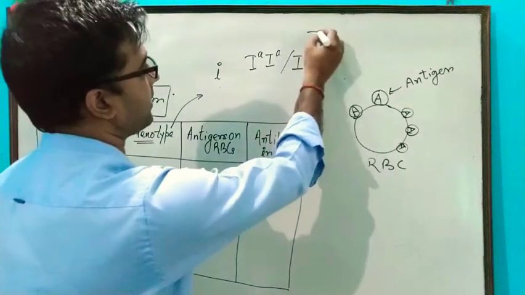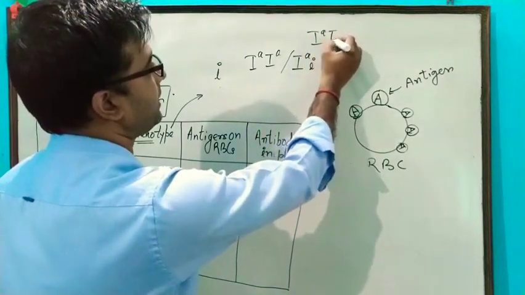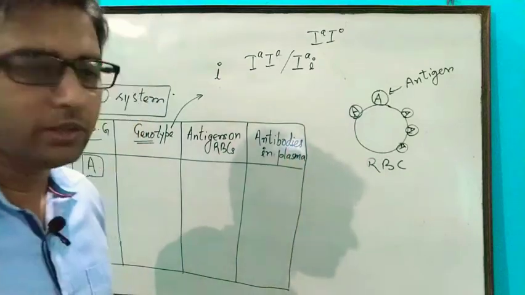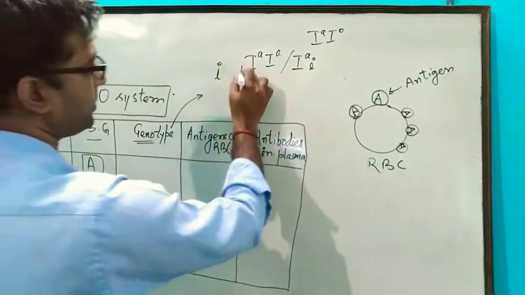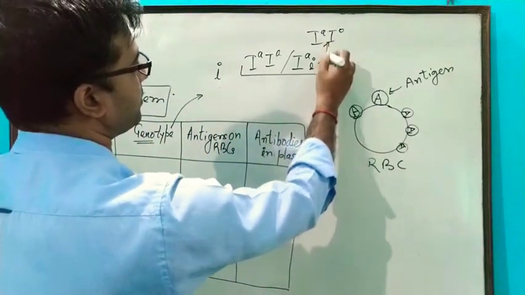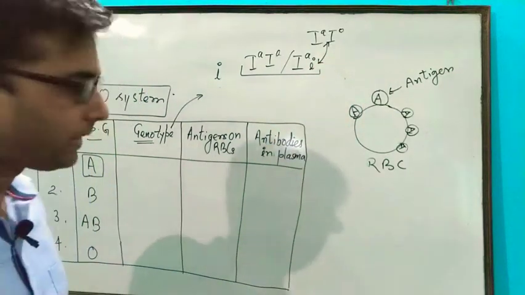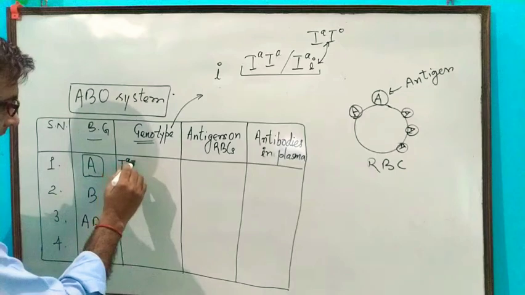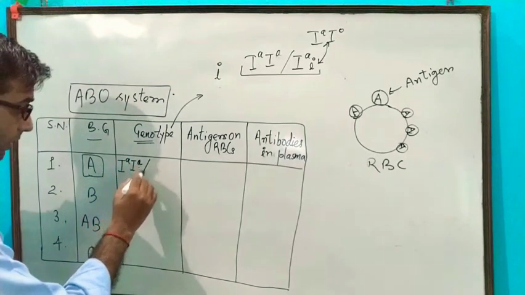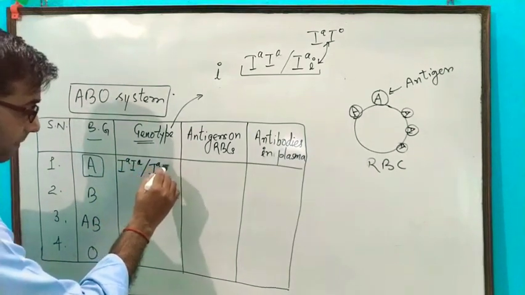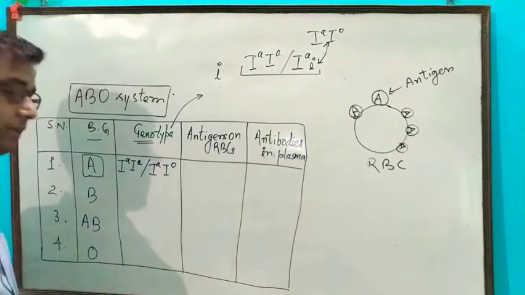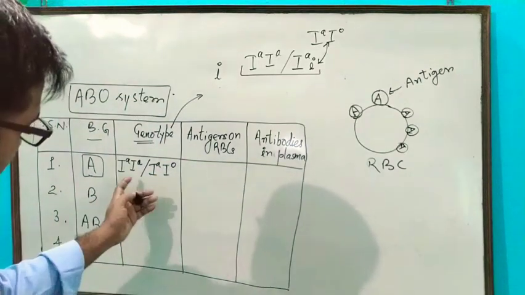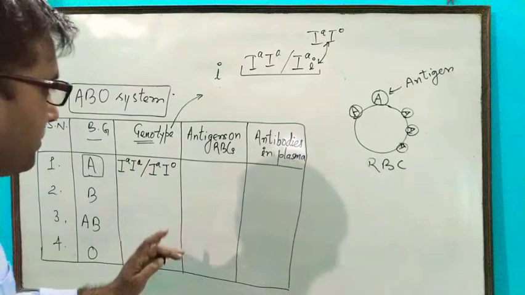Some authors can write it like this also, IA I naught. It doesn't matter, both things are equal to each other. So the possible genotypes are either IA IA or IA i. Am I clear? So these are the possible genotypes.